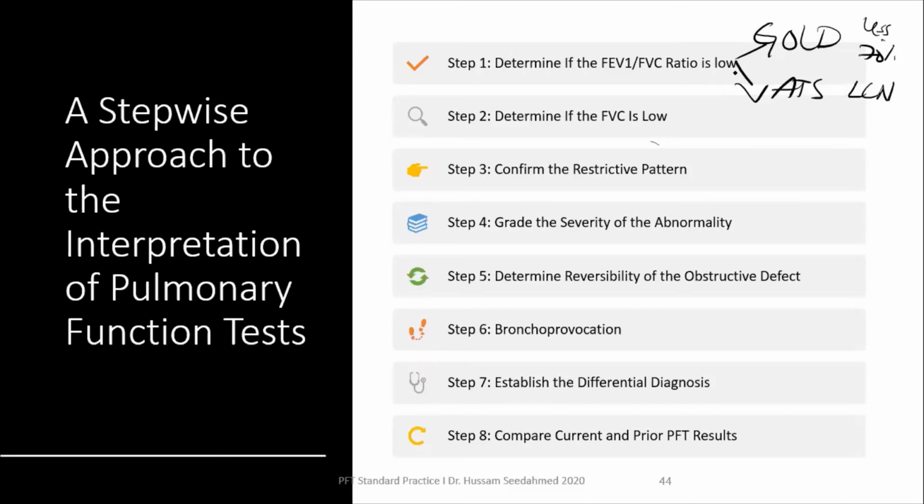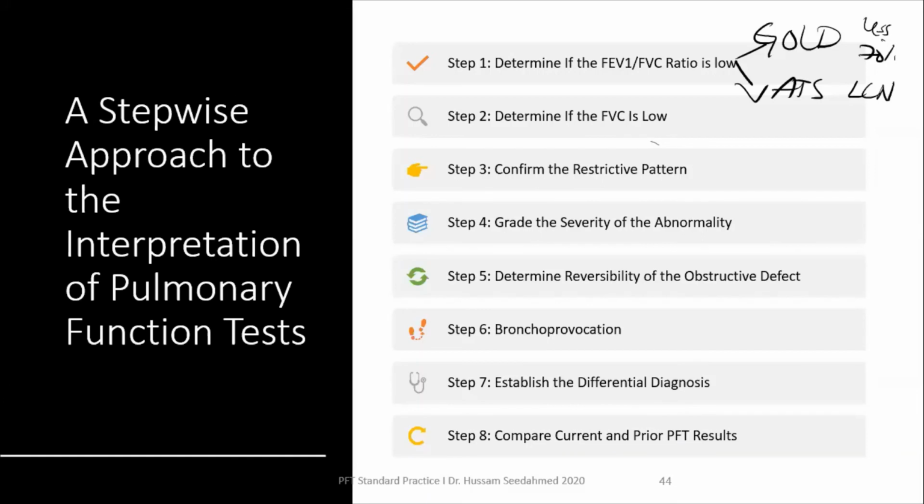So the first step: we have now learned the spirometry curve with different patterns. Now we want to focus on the fact that I have a PFT report, and I want to interpret it to build up a differential or reach a diagnosis, or to decide what step to do next if I do not reach a specific diagnosis. So the first step is to determine if the ratio is low.